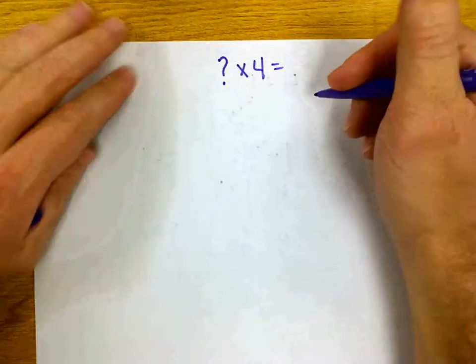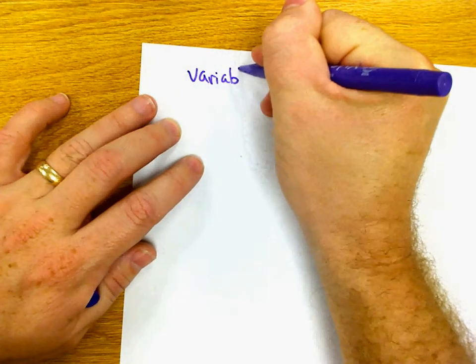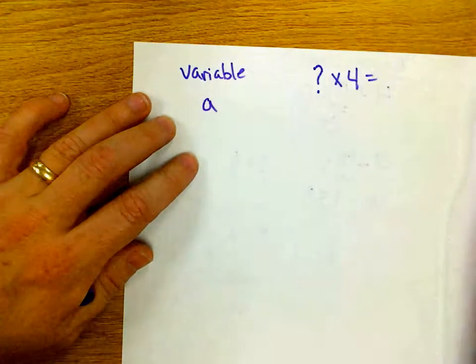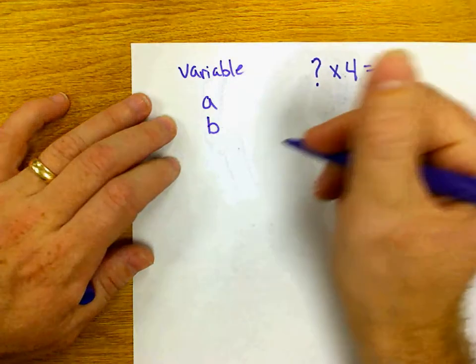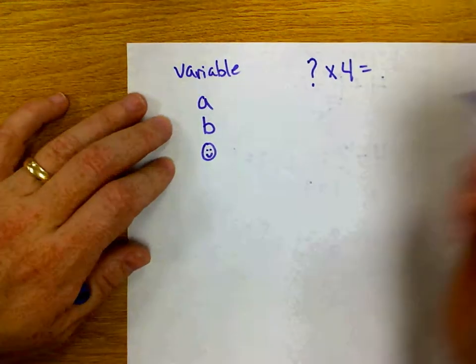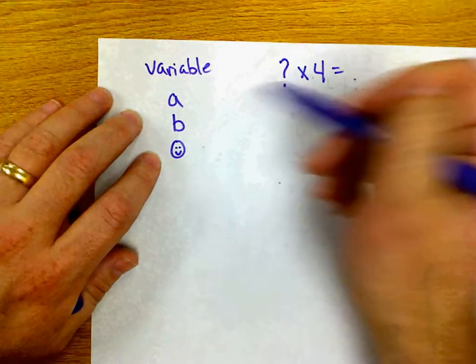That is called the variable. And in math, they almost always use a little letter. They might use the letter A. They might use the letter B. They might use a symbol, like Mr. Singh had used today, a smiley face. But usually they use a small letter.